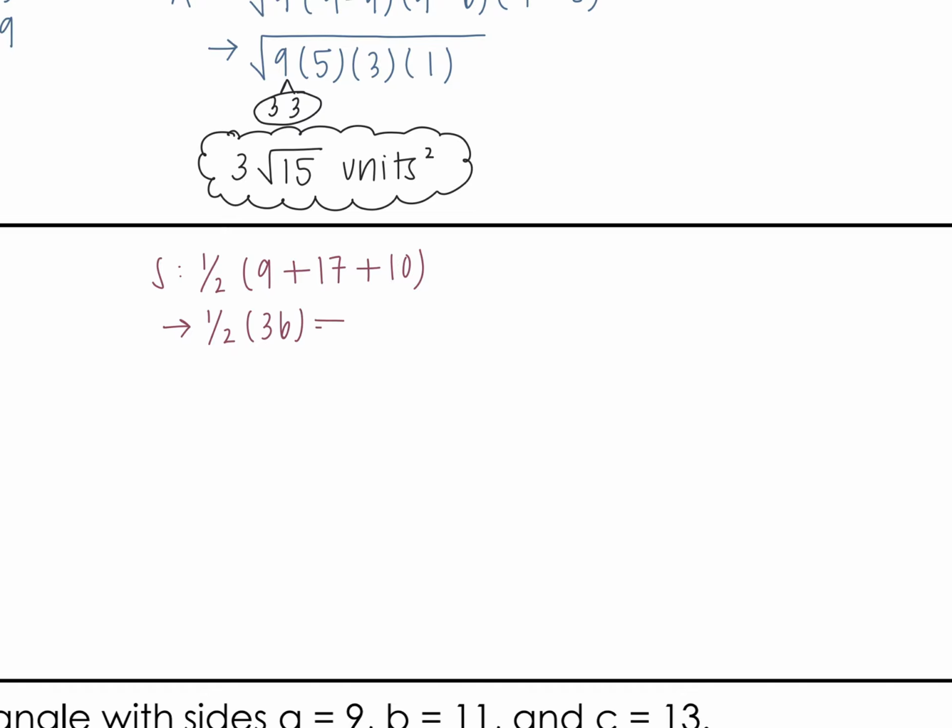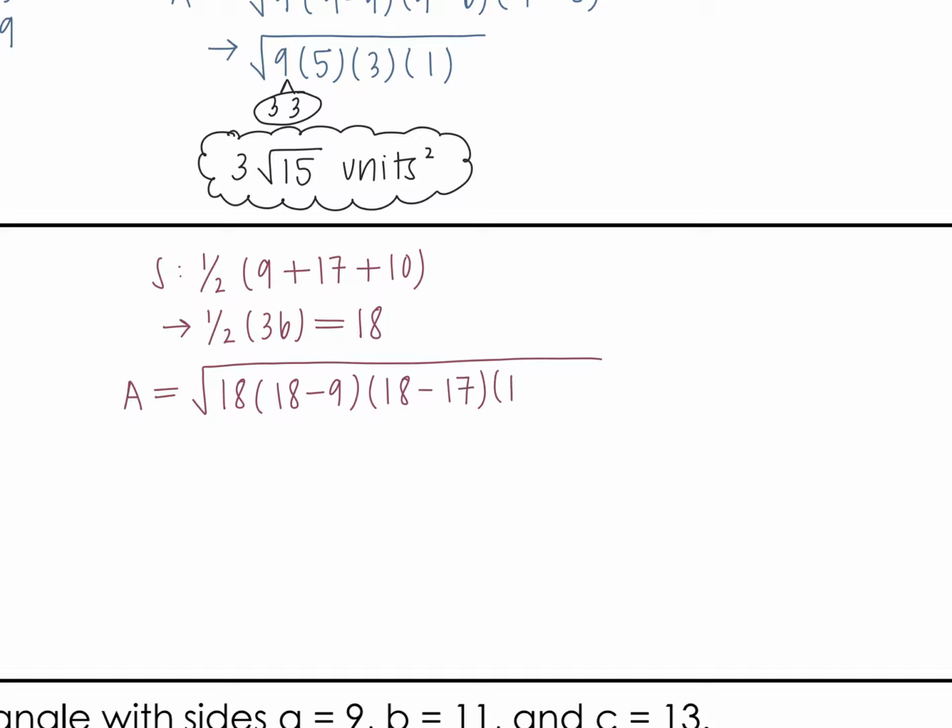When we take half of that, we're going to get 18. So I'm going to use that in my area that we'll find. We've got 18 times 18 minus 9 times 18 minus 17, and then times 18 minus 10.